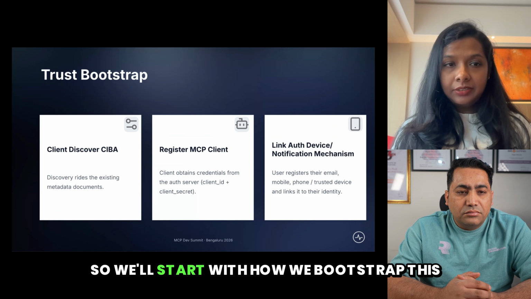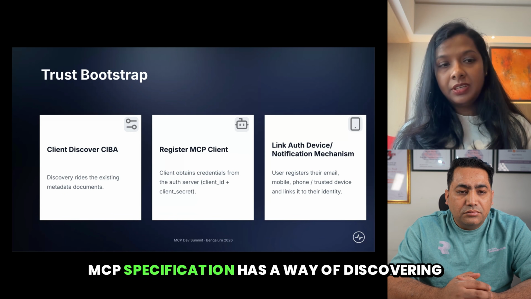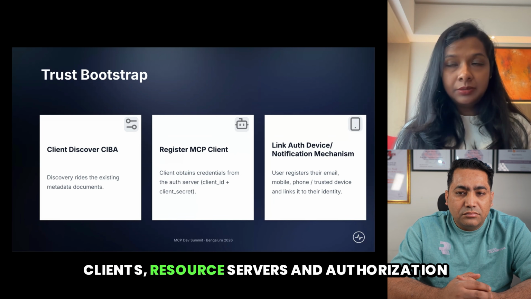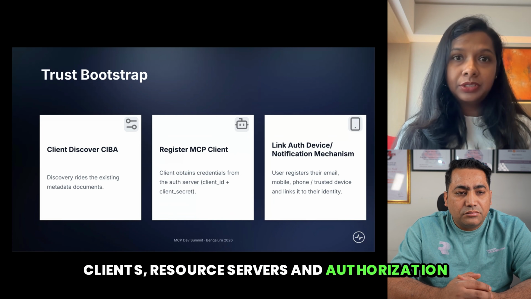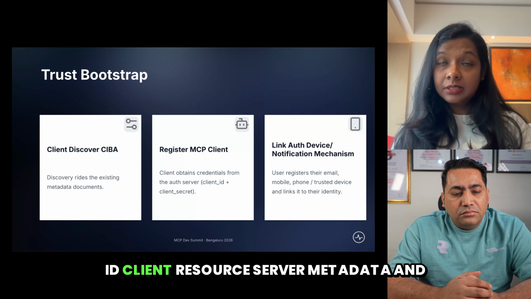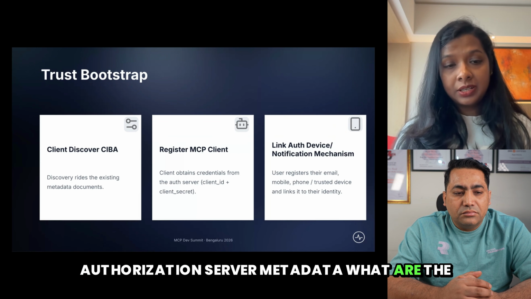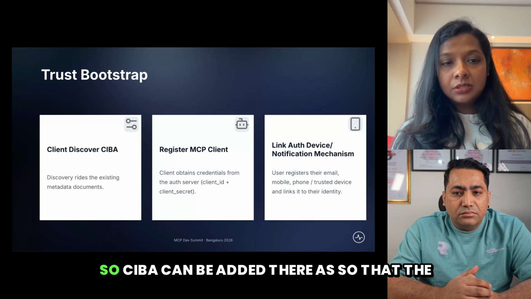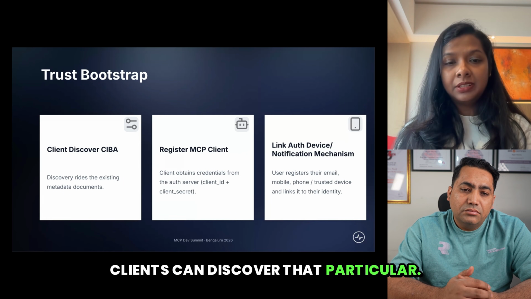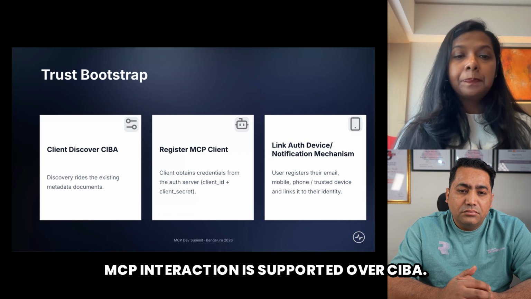So we'll start with how we bootstrap this whole thing. The MCP specification has a way of discovering clients, resource servers, and authorization servers. There it defines, in the client ID metadata, resource server metadata and authorization server metadata, what the supported auth mechanisms are. So CIBA can be added there so that clients can discover that a particular MCP interaction is supported over CIBA.